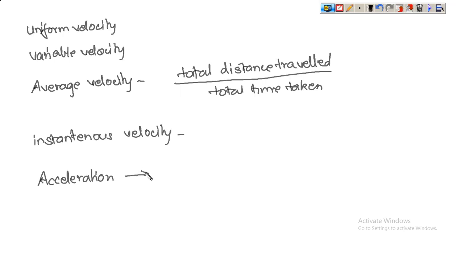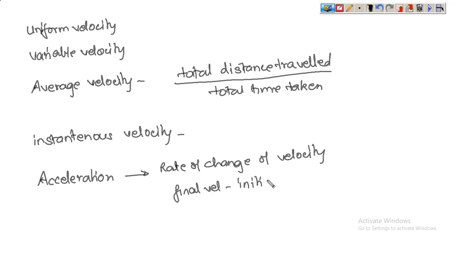Acceleration is the rate of change of velocity. This can be written as final velocity minus initial velocity, divided by time taken. The unit comes out to be meters per second square, because meter per second is for velocity, and you have again divided by second. This gives you meter per second square.